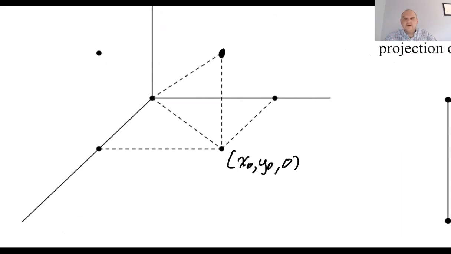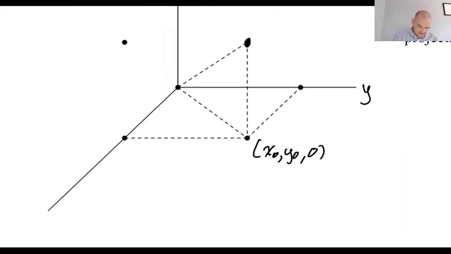Okay, now let's think. This is the y-axis, and this is the x-axis. To get to that point, I know that I had to move x0 units on the x-axis. So this point over here must be the point x0.